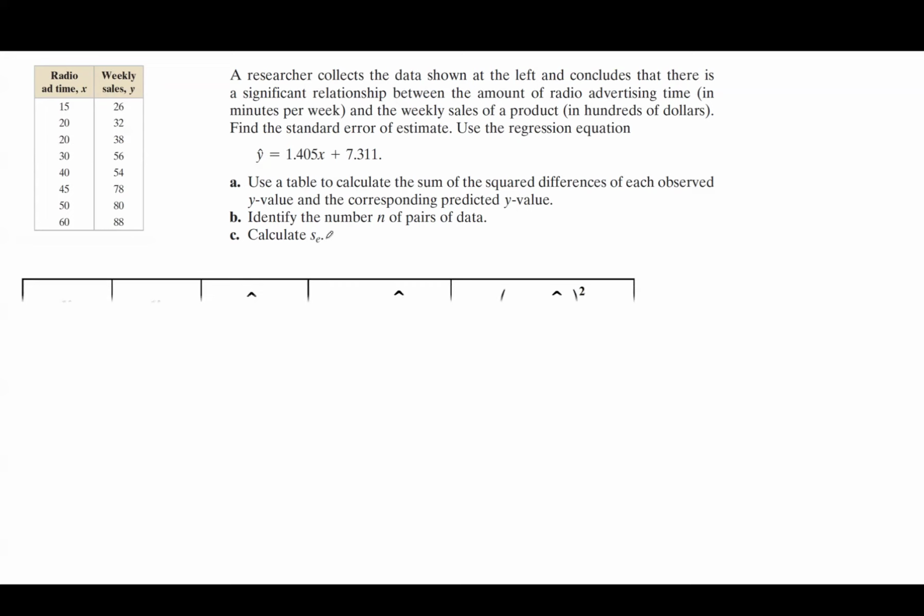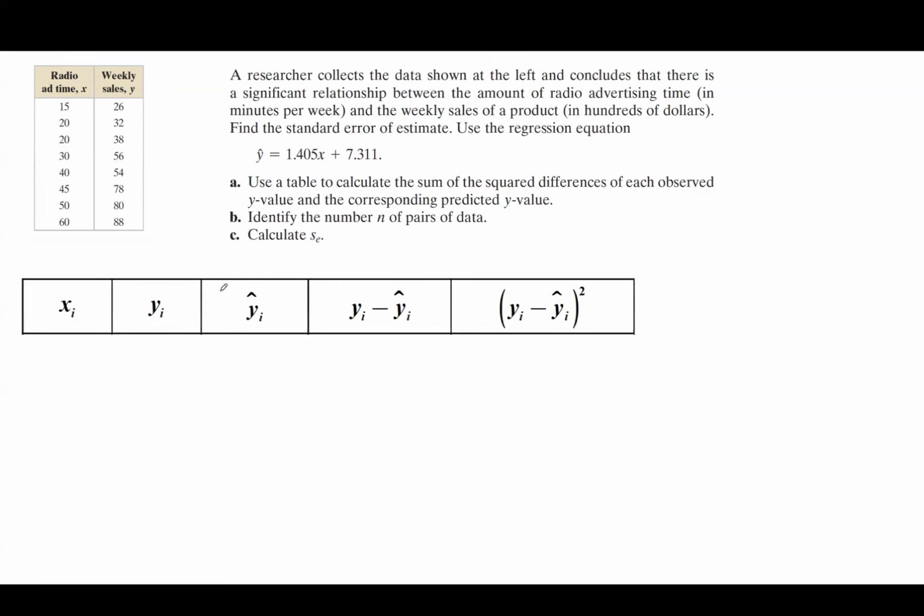Let us begin. In our table, we need each xi, each yi, and yi hat, which can be calculated using this formula. We need the residual, the difference between the actual y value and the predicted y value. We also need those residuals squared. The very first x value is 15, its y value is 26.